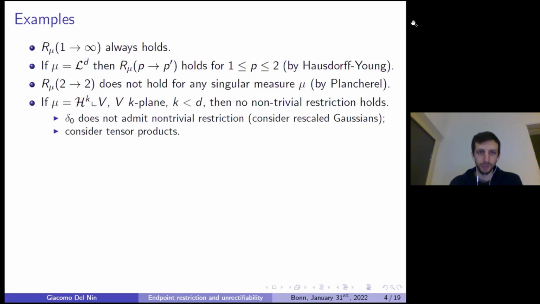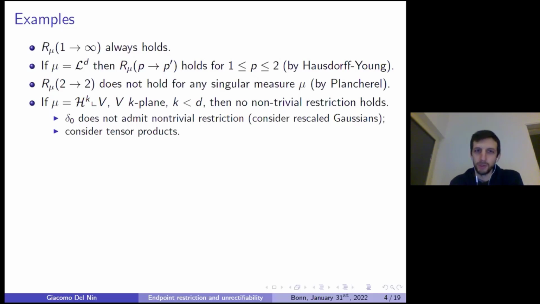An easy way to see this is in one dimension, for the delta at 0, which is the zero-dimensional measure in R, for instance, considered by rescaling some Gaussians. And then we can consider tensor products, because the Fourier transform behaves very well with respect to tensor products.